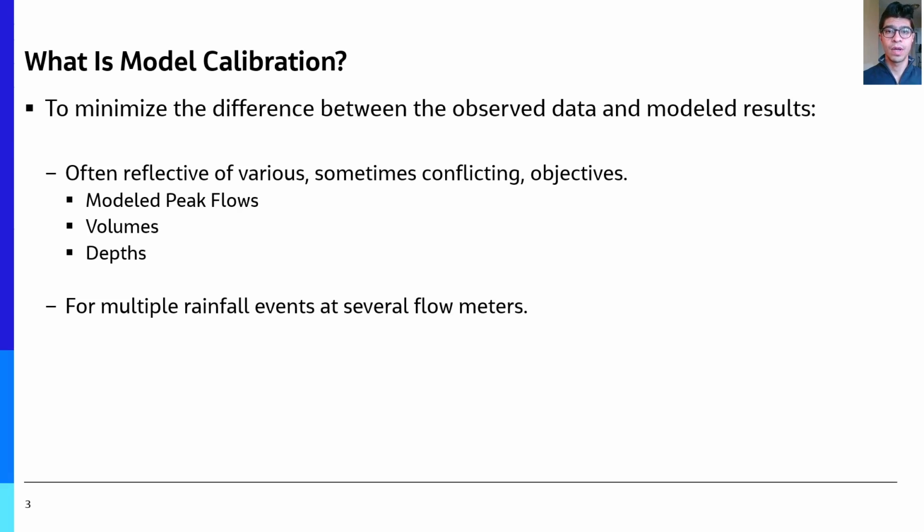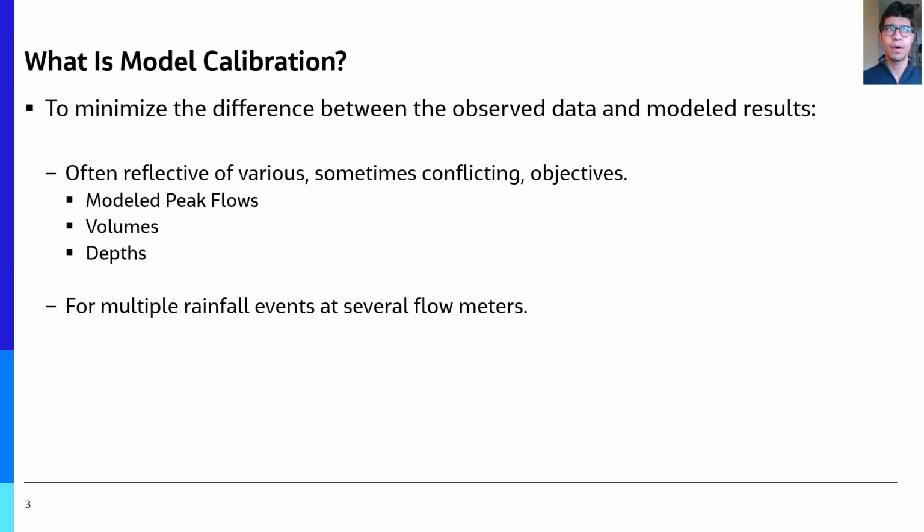Sometimes also, the parameters that we're trying to calibrate the model for could be slightly contradictory. For example, if we want to calibrate for model peak flows, volumes, or flow depths across the system, not all the time would these three go hand in hand.